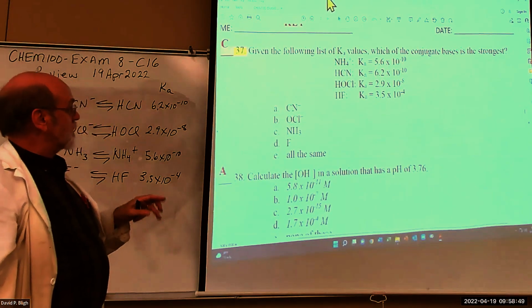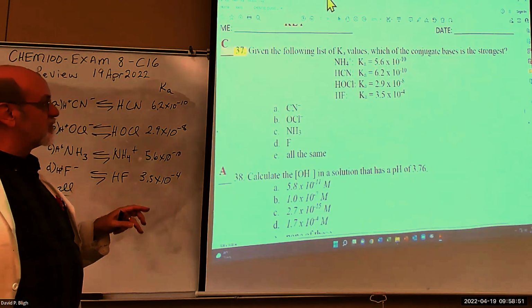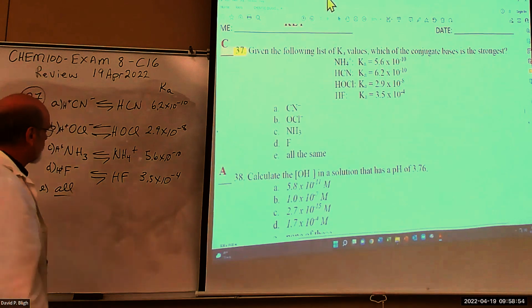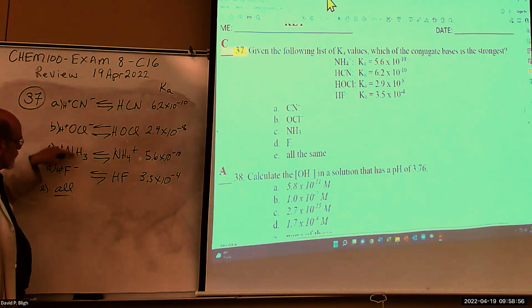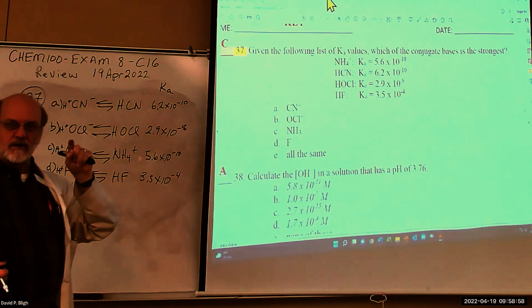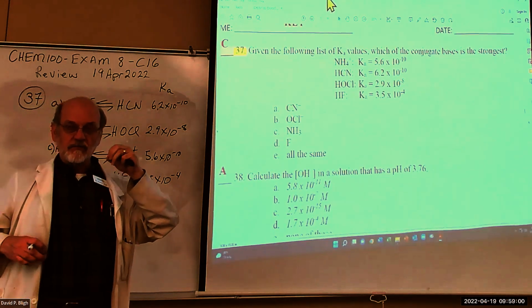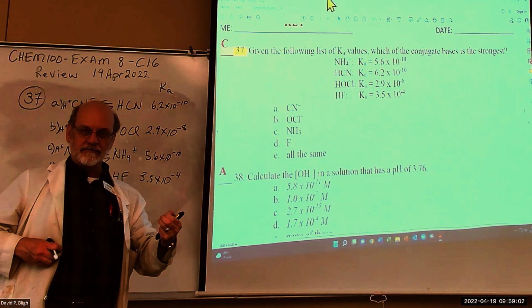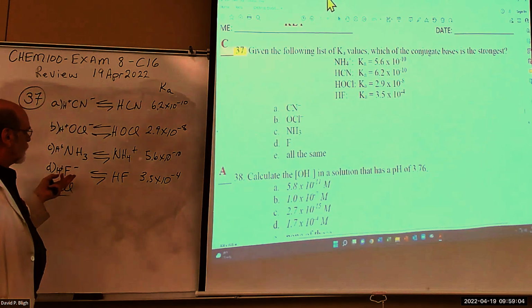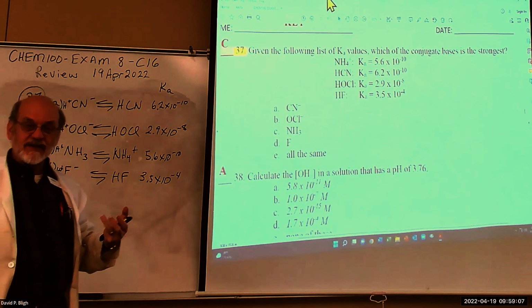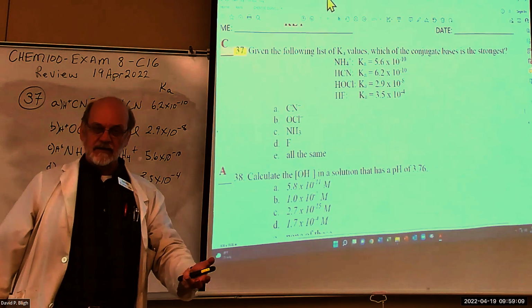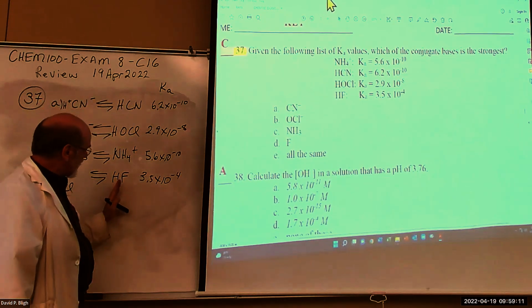So let's go back to the question. Which of the conjugate bases is the strongest? That is, which one attracts protons more efficiently? Well, the strongest base comes from the weakest acid. So we need to find the weakest acid here.